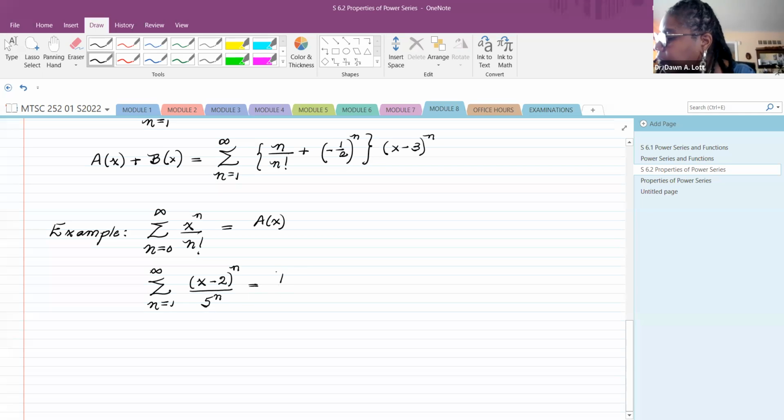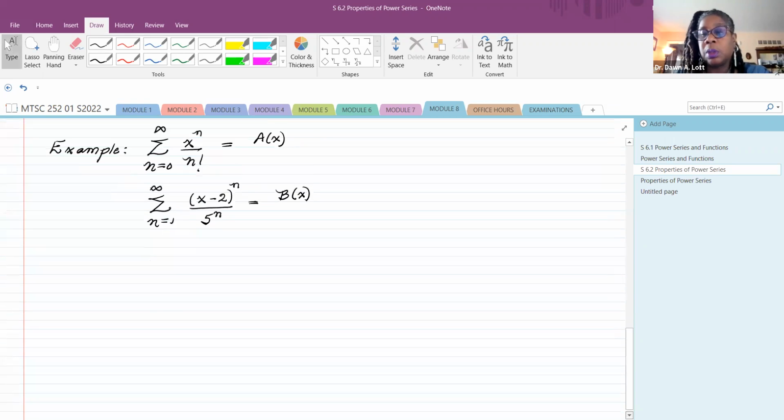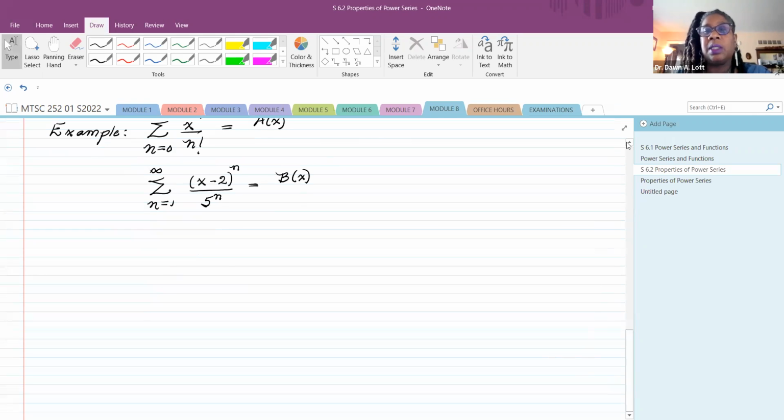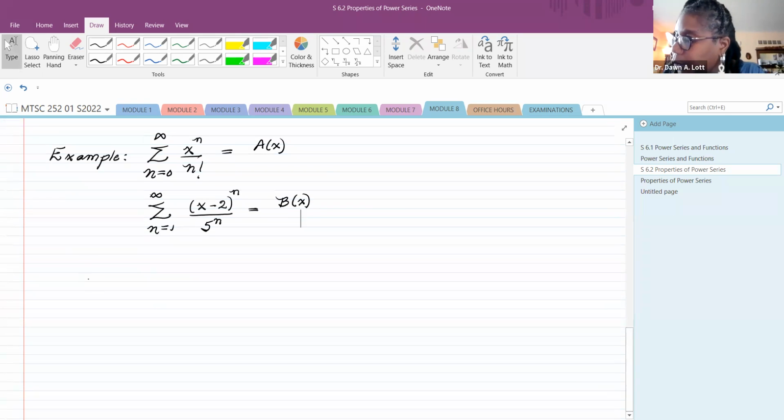So that equals B of x. Okay, so if you notice, they both don't start at the same place. So I would have to peel off the first term of the first one. So the first term would be when n is 0, so A of x plus B of x.